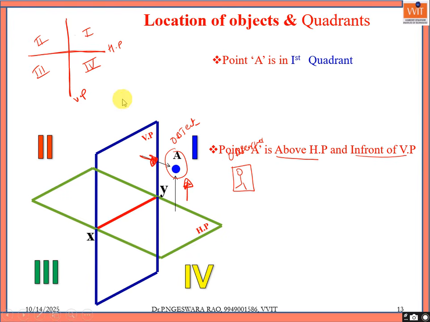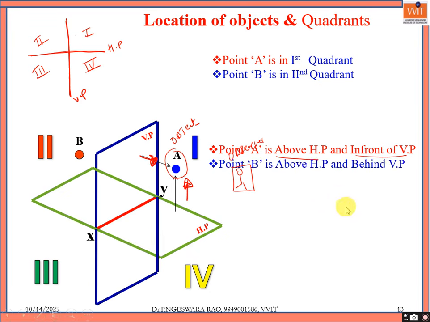Similarly for the point B, by visual observation we can say it is in the second quadrant, but we can write that the point B is above HP but behind VP. So whenever the object is above HP and behind VP, it will definitely be in the second quadrant.